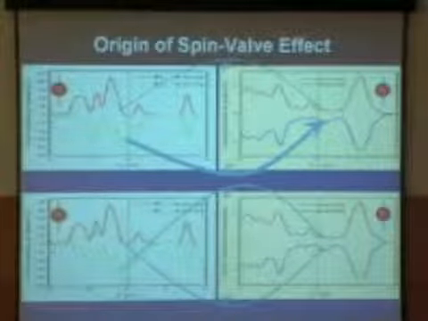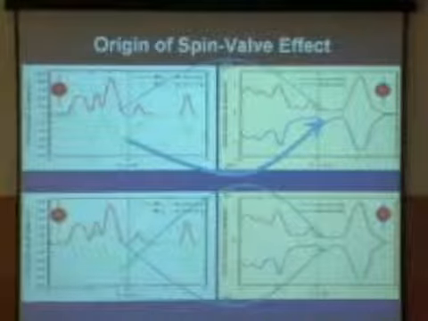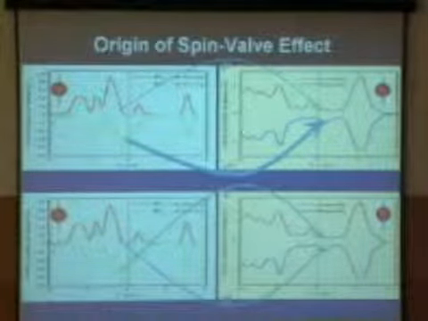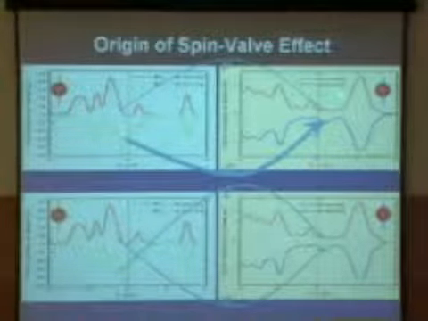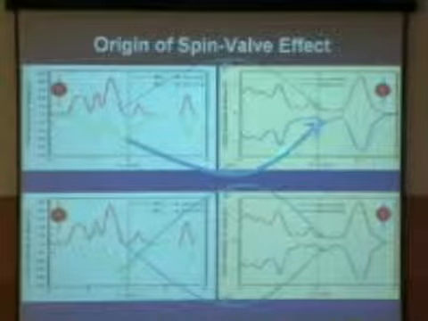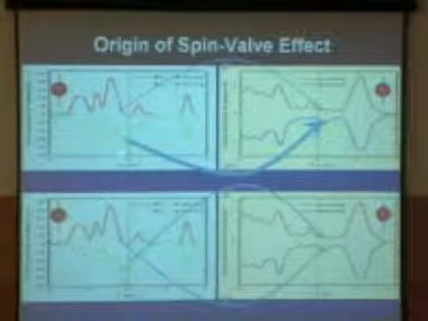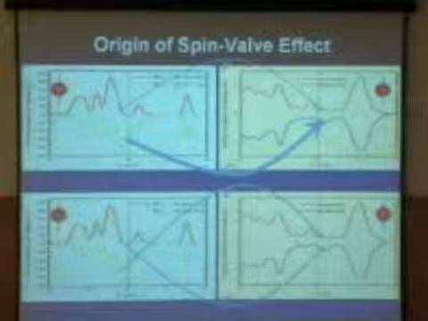So you can see when I have the parallel spin alignment of the substrate and the tip, if you look at the spin up, there is nothing here. There is nothing here. But for spin down, a large number of electrons are available to jump to these large number of unoccupied states.